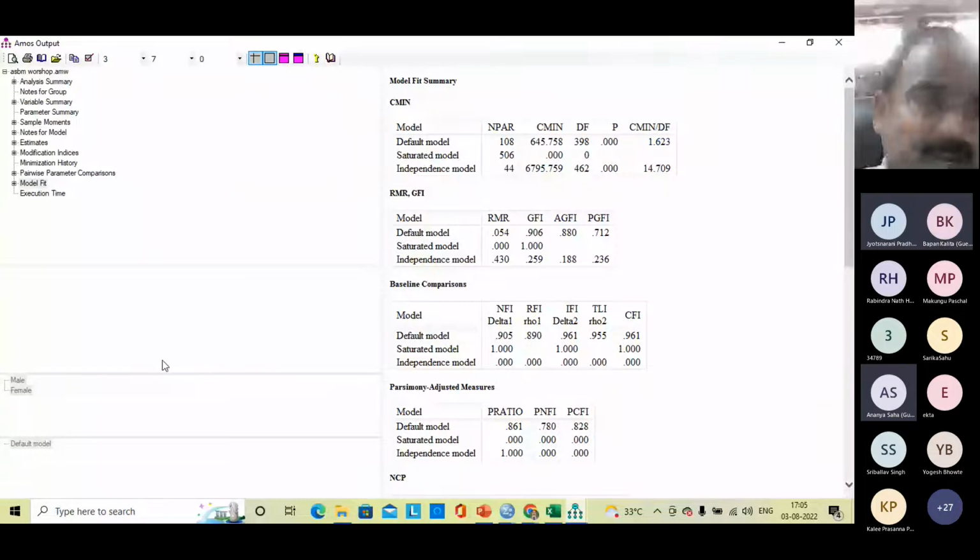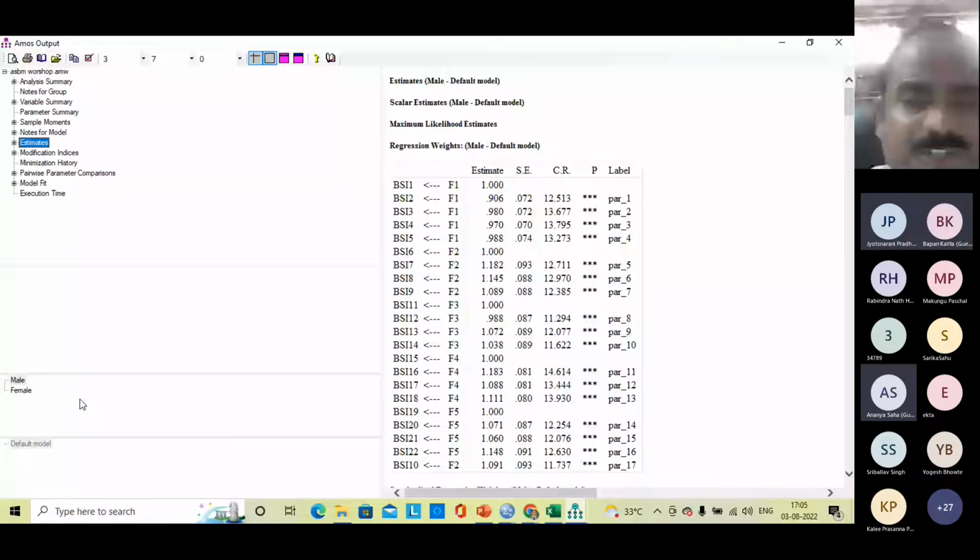Now coming to the estimations. Now look at the estimations. Automatically the male and female have been activated. Look at here. All the P values are 0.000. See, triple star means 0.000, that means less than 0.001.